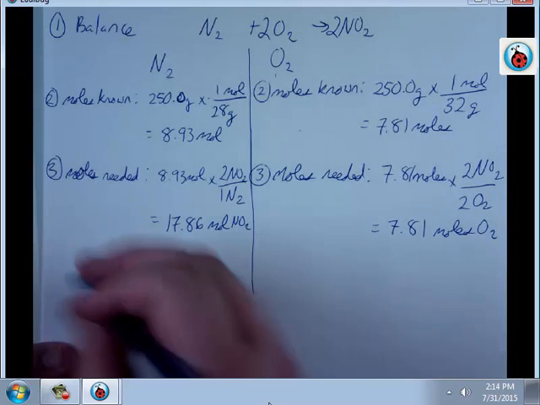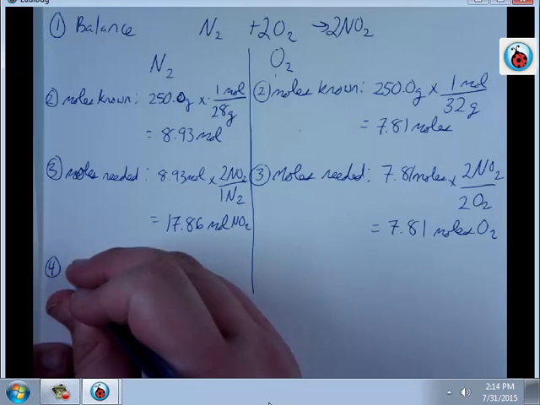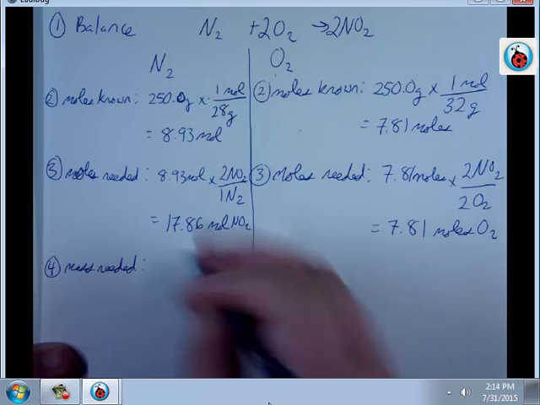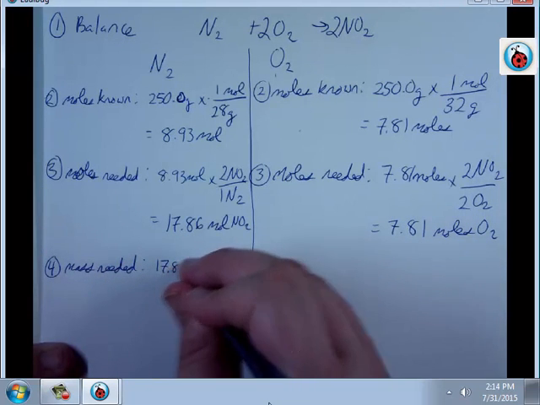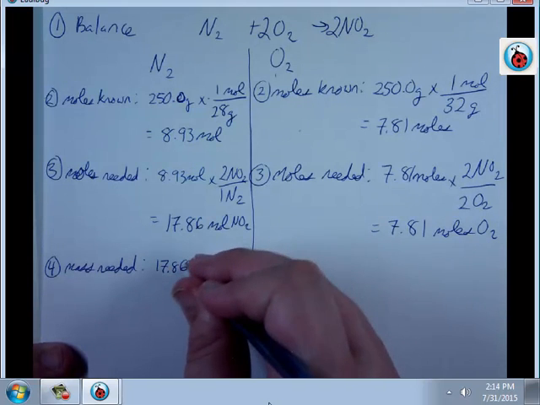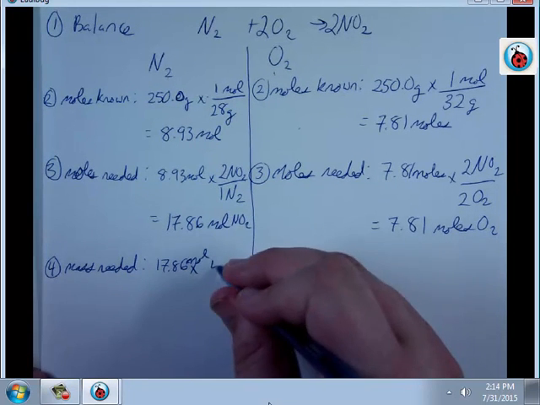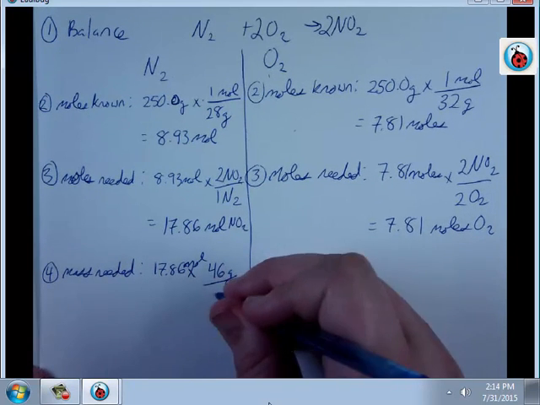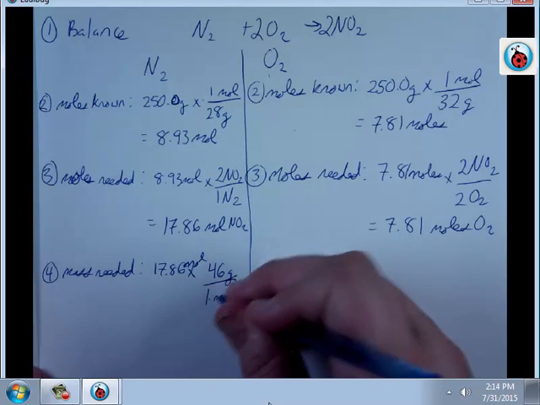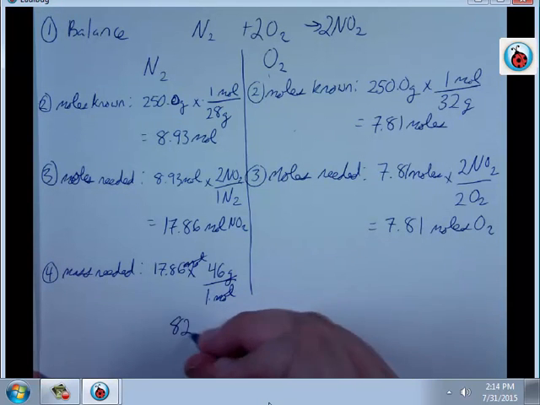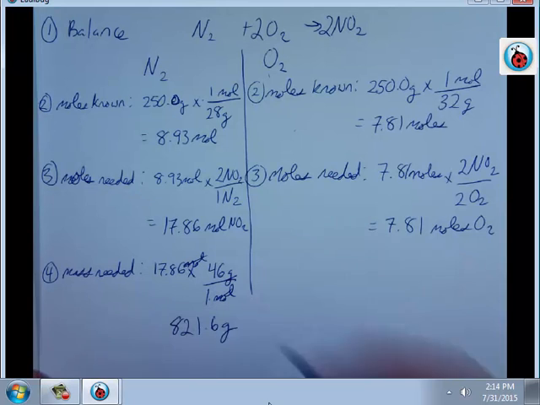Now I can find the mass that I get. And that's 17.86 moles, forgot the units there, times, NO2 is 46 grams per 1 mole, which gives me 821.6 grams.